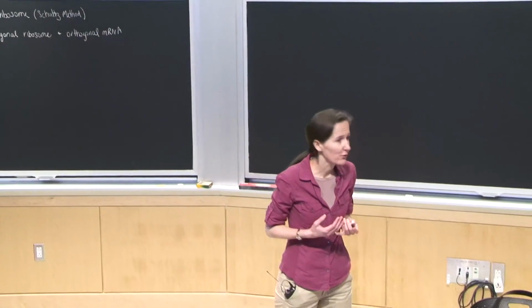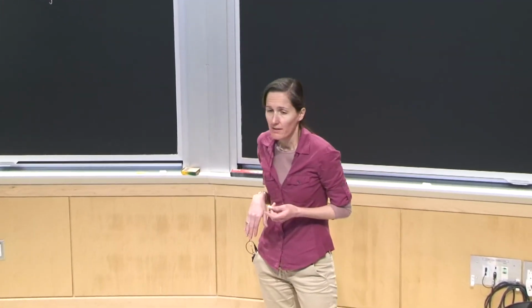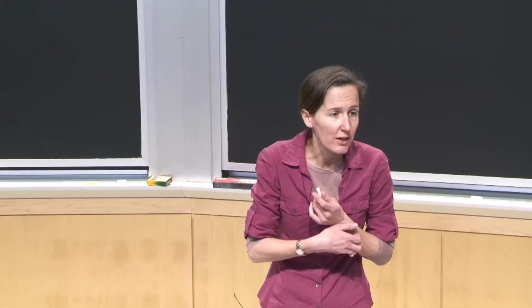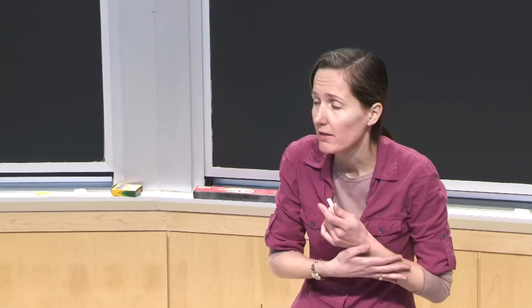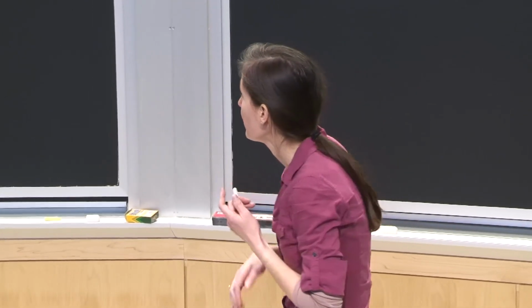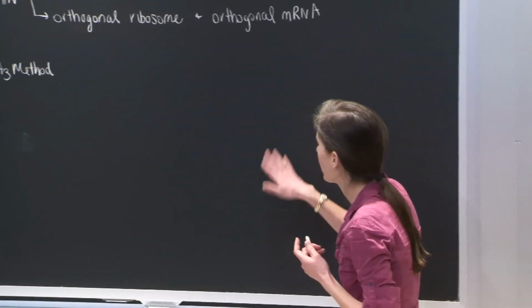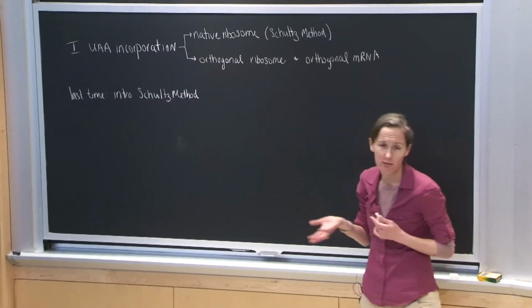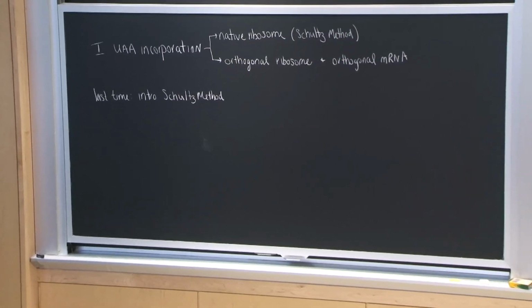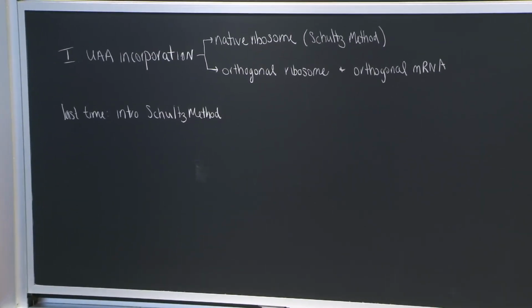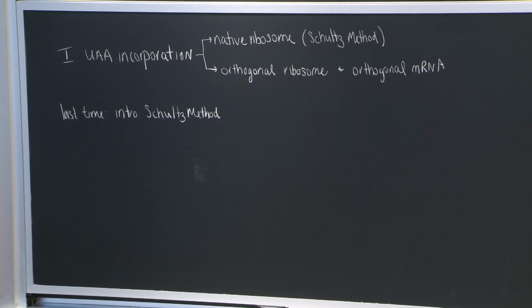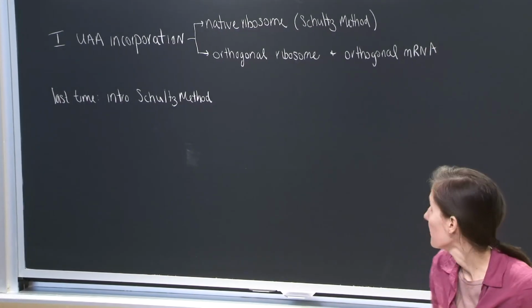Where we left off yesterday was beginning to discuss methods for unnatural amino acid incorporation into proteins using the ribosome, and the methodology that was introduced and where we need to continue today is this Schultz method of using the native ribosome to play some tricks and get unnatural amino acids into proteins.